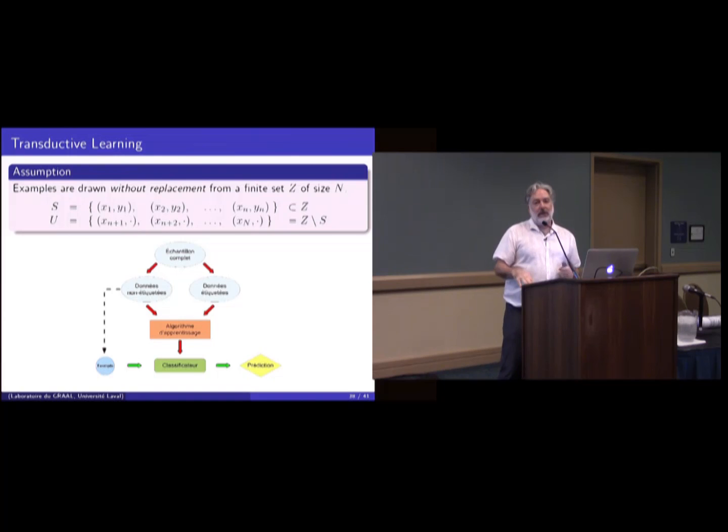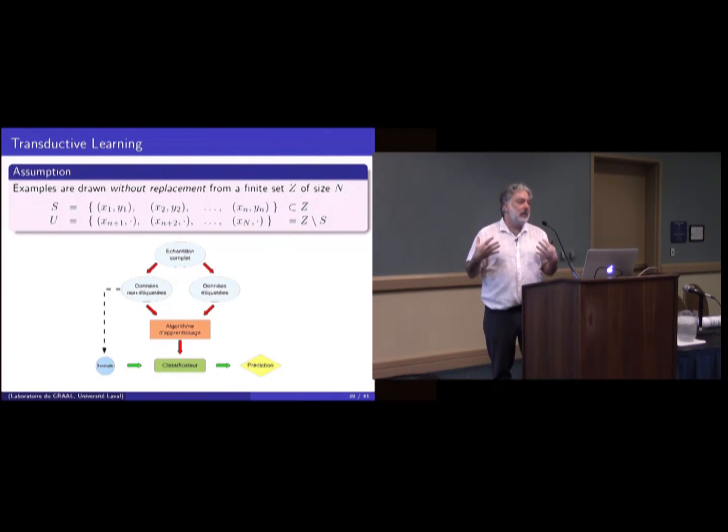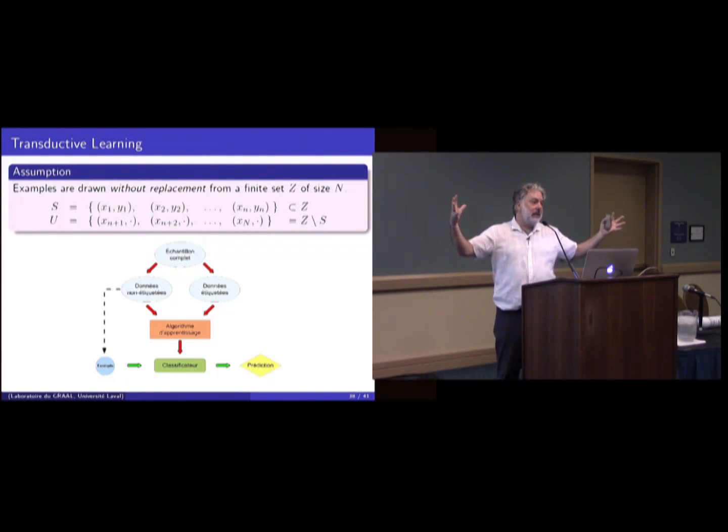Okay, the IID setting is simple. You have Mother Nature that gives you some example according to her distribution, D, that she is the only one to know. Okay? And they give you your training set in this way. In the transductive setting, there is no intervention of Mother Nature at all. You have a lot of data, okay?